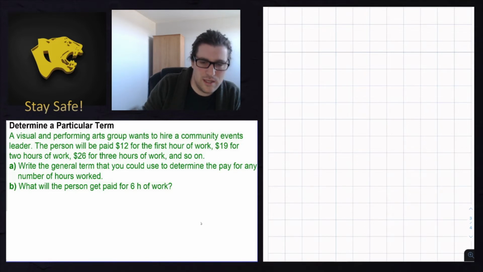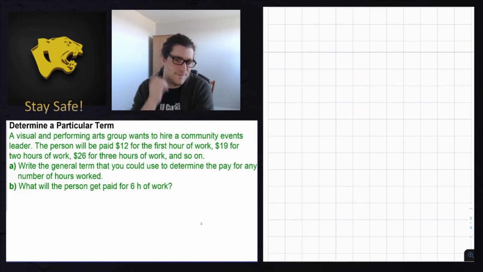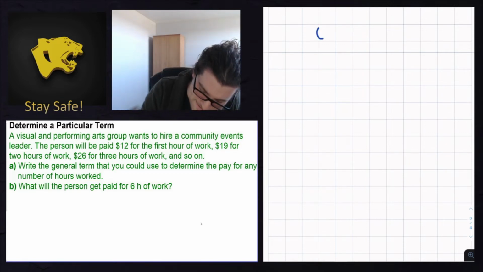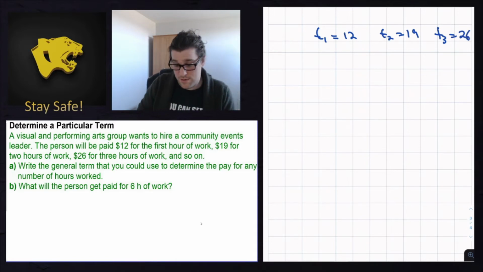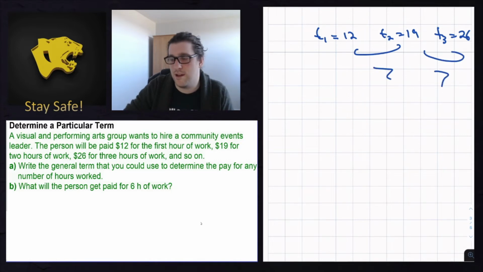Now it's kind of funny, but I'm going to just say that T1 is equal to 12. I know that T2 is equal to 19. I know that T3 is equal to 26. So the common difference here is a 7. So I can say 7, 7. I can see it right there.